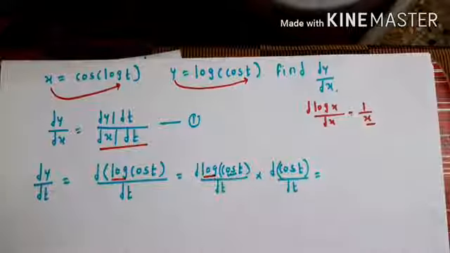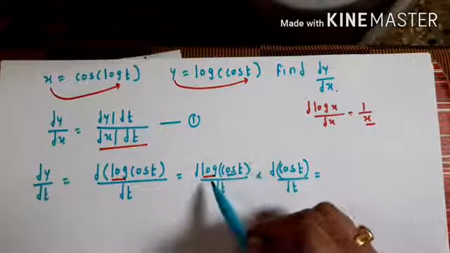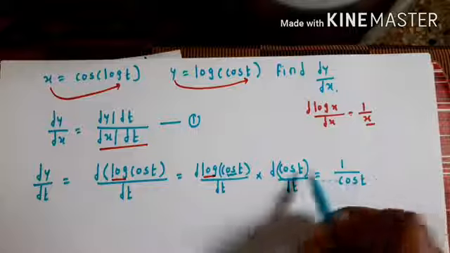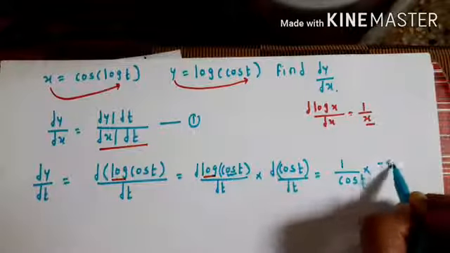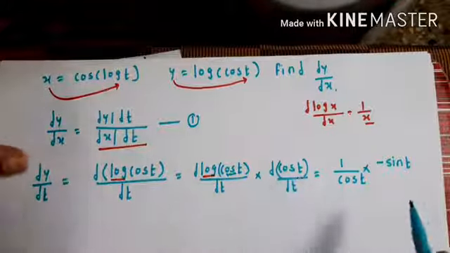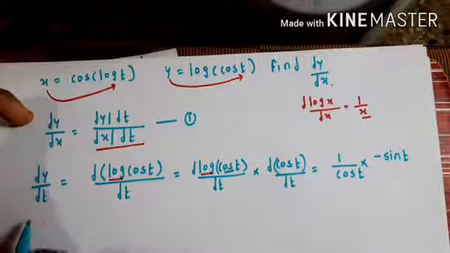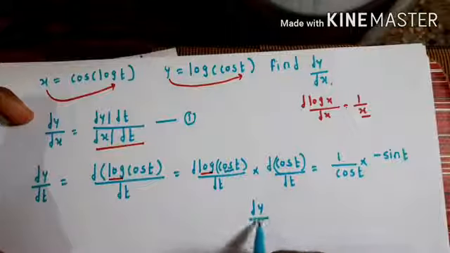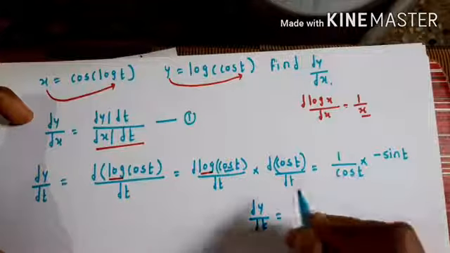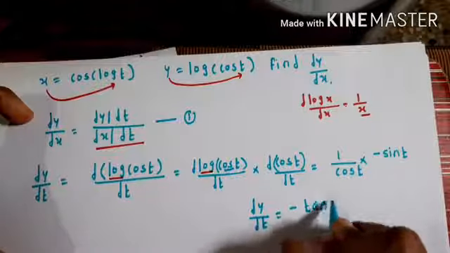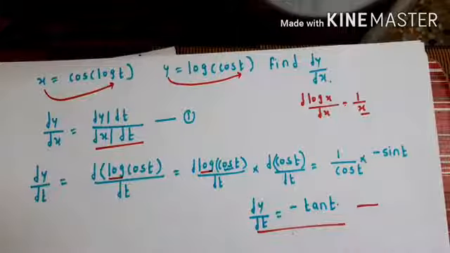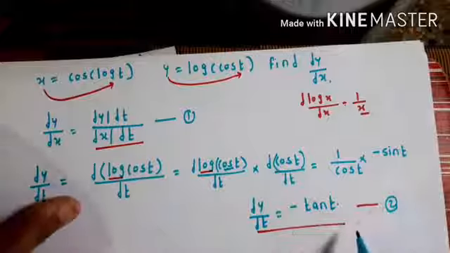So the differentiation of log of cos of t is 1 upon cos of t, into the differentiation of cos of t, which is minus sine of t. So dy by dt equals minus sine of t upon cos of t, which is minus tan of t. This is second.